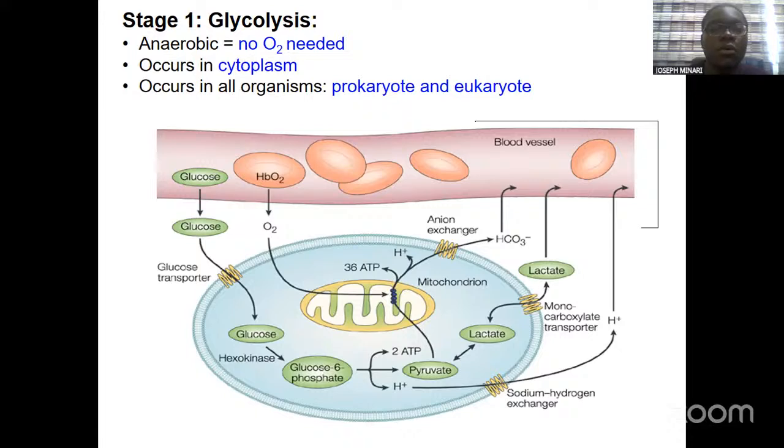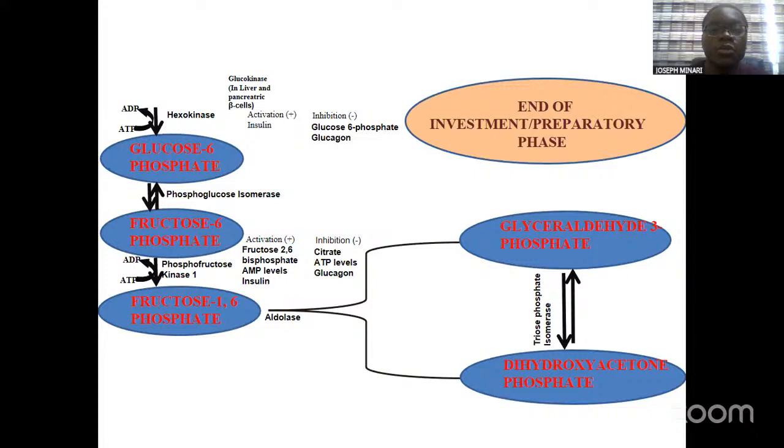Glycolysis occurs in the cytoplasm, and it occurs in both prokaryotes and eukaryotes. Okay, so I said at the end the net production of ATP is 2, because we produce 4 and then 2 are utilized.